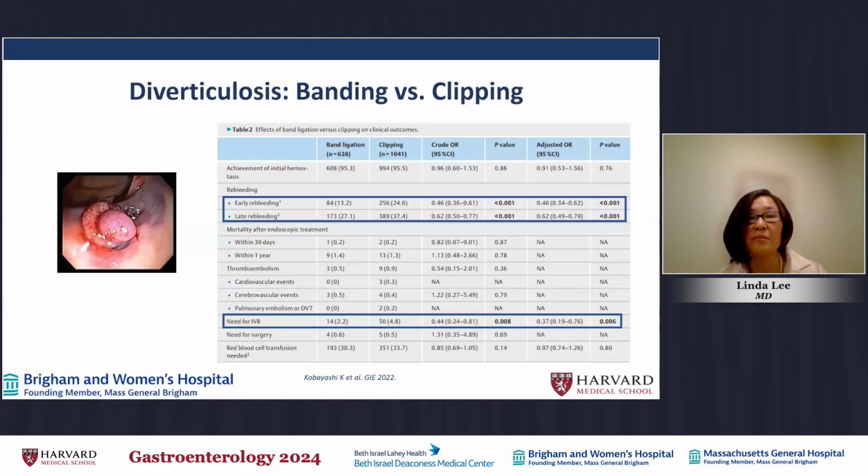Now, this study is comparing band ligation that you can see there versus clipping, and it seems to suggest that perhaps band ligation may be superior to clipping in decreasing late rebleeding.